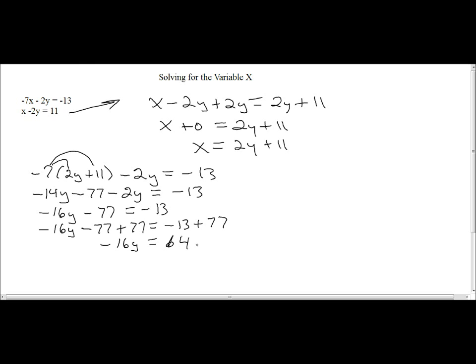Okay. Now, what we need to do here is look at what can we do to get y by itself. That's a negative 16 being multiplied, so we don't divide by 16, we divide by a negative 16, everything that's in front of that y.